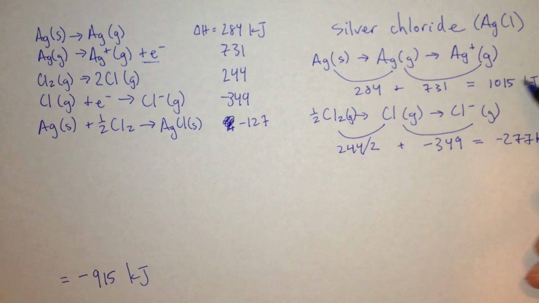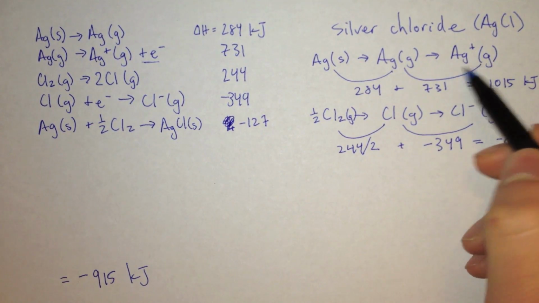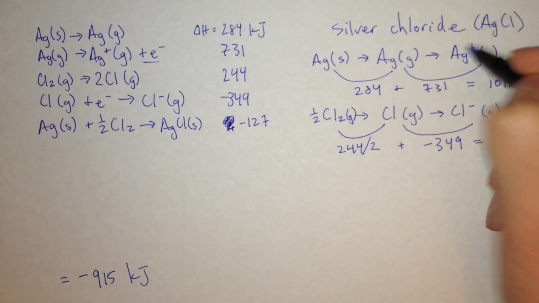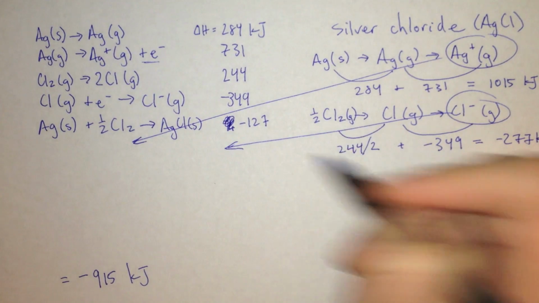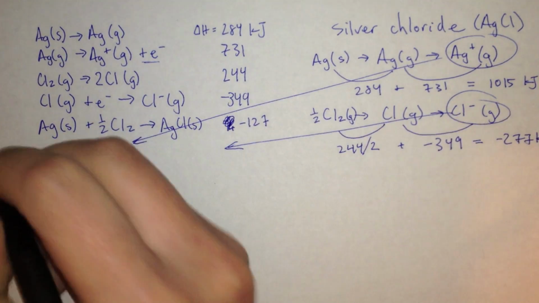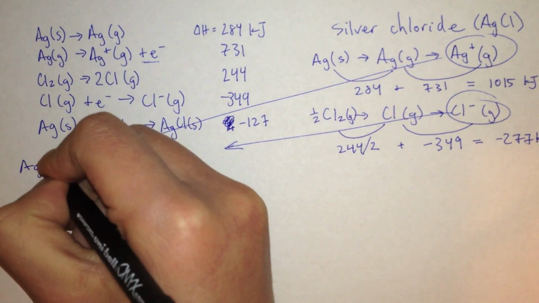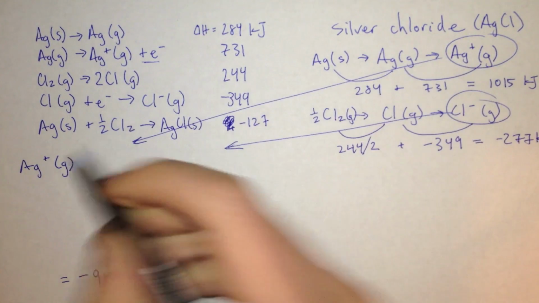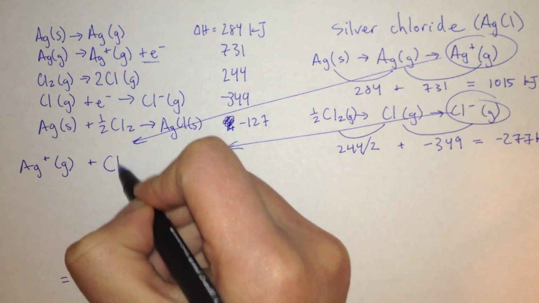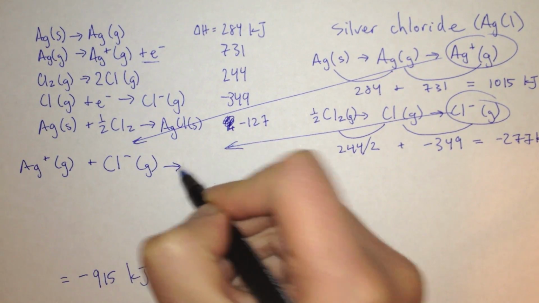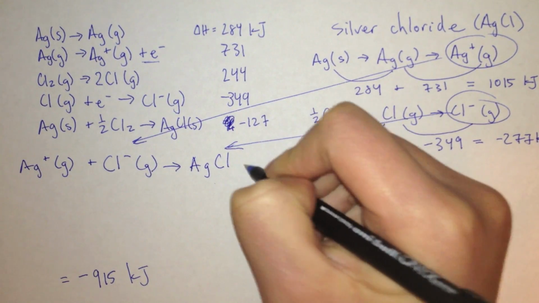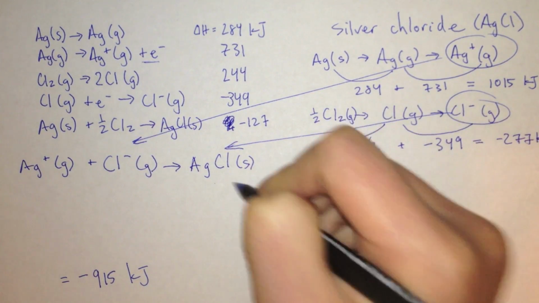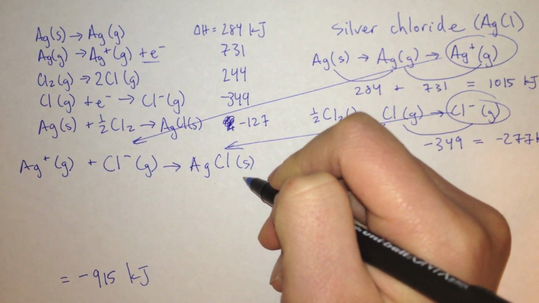So now that we have the heats of formation for the silver ion and the chlorine ion, we can take these and we can write our equation for lattice energy. So we're going to take these gaseous ions and we're going to create something with a lattice structure. In our case, this is silver chloride, and it's a solid because we want it to have a lattice structure.